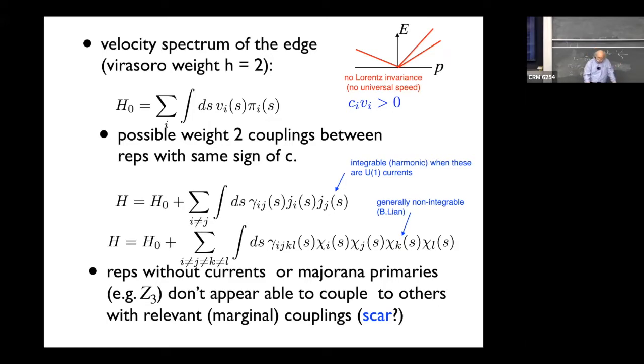Interesting. So if you have representations which don't have any currents or Majorana primaries in them, it seems like there's no way you can construct any kind of coupling between them and the others which is going to be marginal, right? If there are couplings which are relevant, they just gap out and they're gone, right?